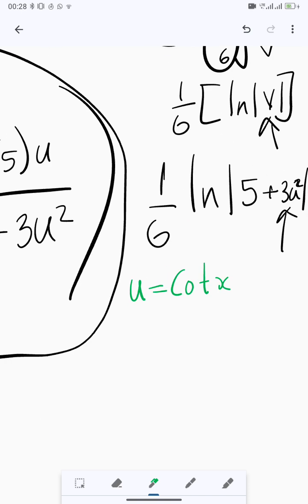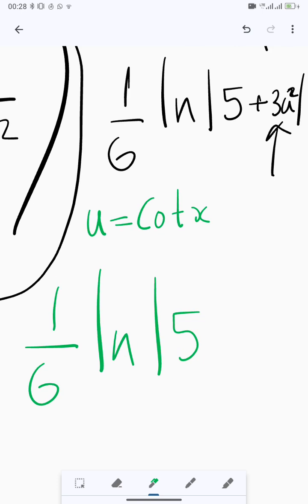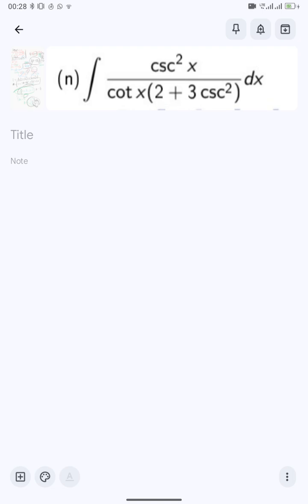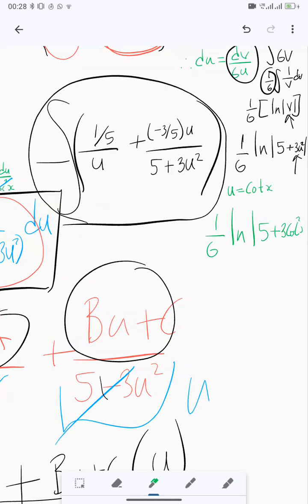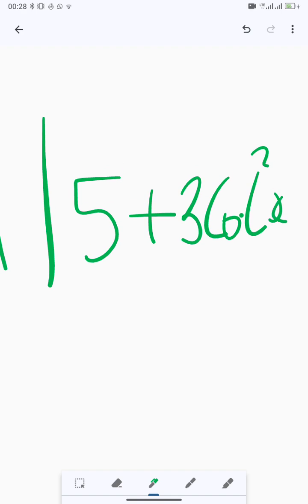If I rewrite that part of the equation, I have 1 over 6 natural log of 5 plus 3 cotangent squared x. Oh, I'm running out of space here. Then put the absolute value.